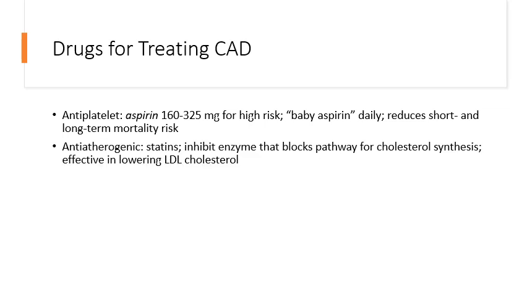Probably some of the most commonly utilized drugs that we look at are your anti-atherogenic drugs or your statins. Statin drugs inhibit the enzyme and block the pathway for cholesterol synthesis. The idea here is to lower LDL cholesterol, which is potentially one of the things that could predispose an individual to the plaque formation in coronary artery disease.